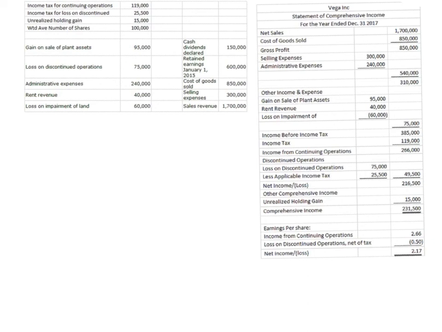That adds those other items that aren't really income expenses or income revenue items. So we've got to go with our 216. And so this 216,500 becomes 217 rounded up, and that becomes our earnings per share.